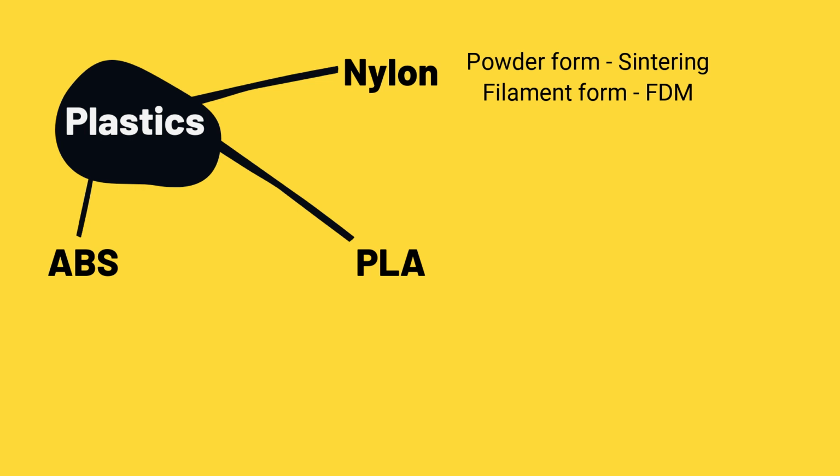It is a strong, flexible, and durable plastic material that has proved reliable for 3D printing. It is naturally white in color, but it can be colored pre or post printing.